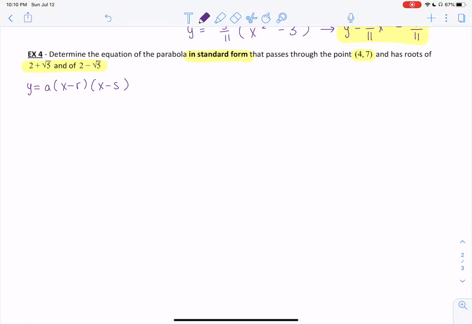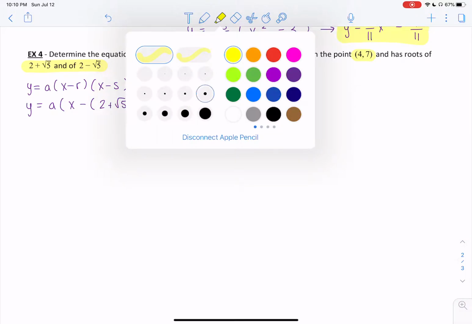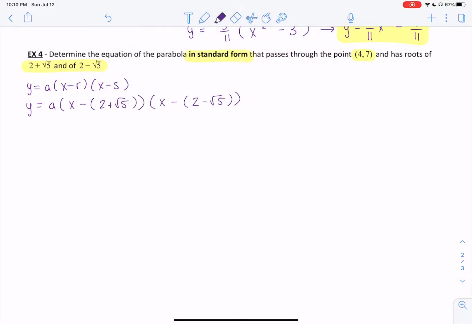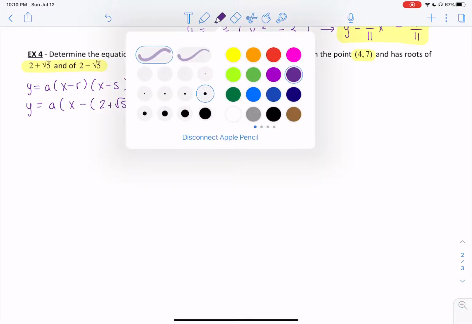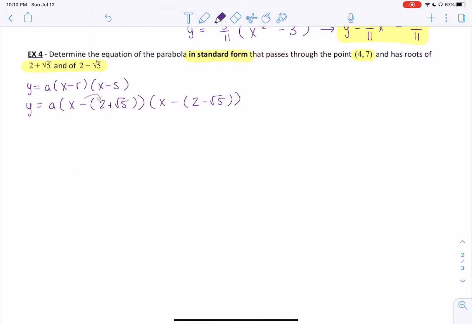Now, let's sub in our roots. So we have y equals a(x minus (2 plus root 5))(x minus (2 minus root 5)), like this. And the reason I wrote it like this is so that I remember to change the signs properly and distribute nicely so we don't miss anything or make any mistakes.